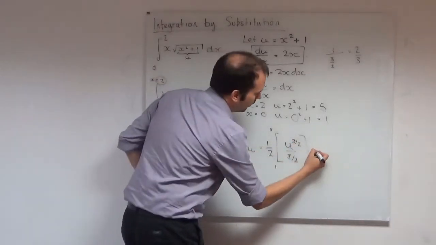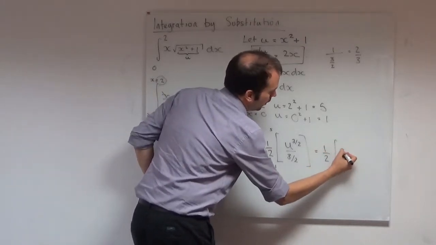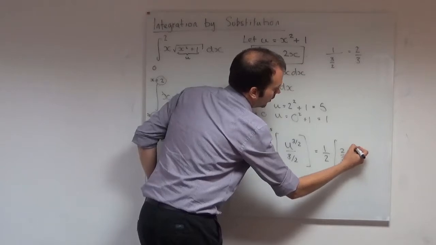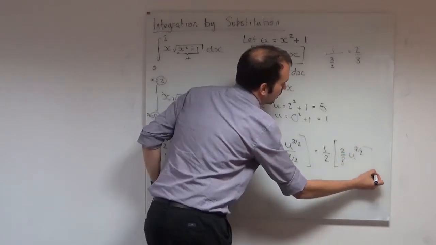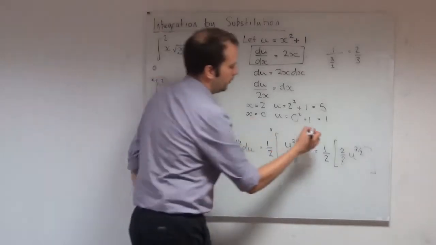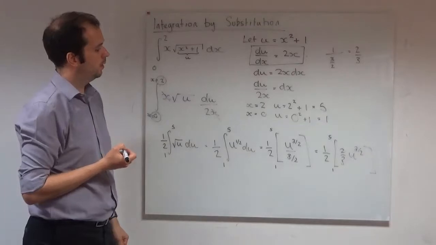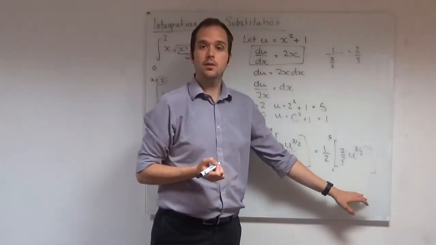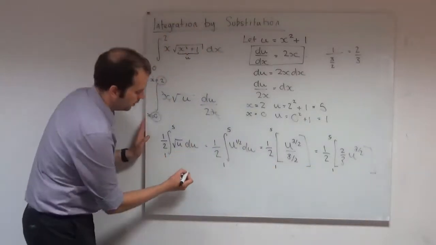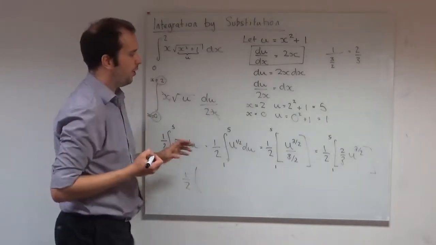And that just tidies this up a little bit for us. So I'm going to rewrite that. I'm going to write it as a half, 2 over 3 u to the 3 over 2. Don't forget, of course, your limits. We now just need to substitute these limits in. So we'll have a half, and then we'll have a bracket.